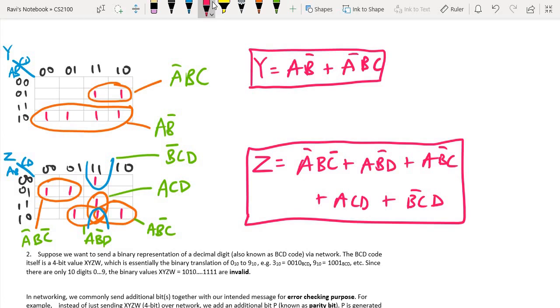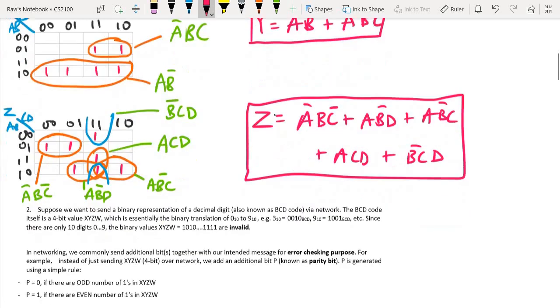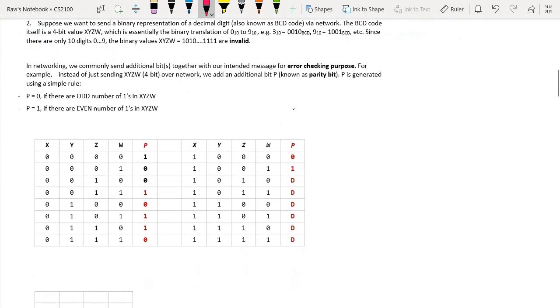As long as you follow the rules of the K-map, you will get the most simplified expression as your final answer. It's a much easier and more straightforward approach compared to trying to use Boolean algebra.